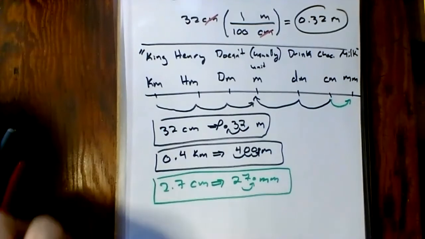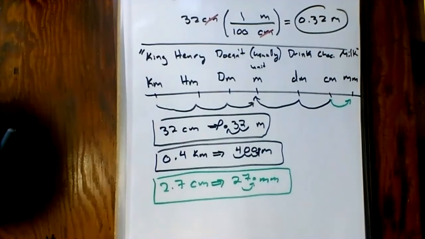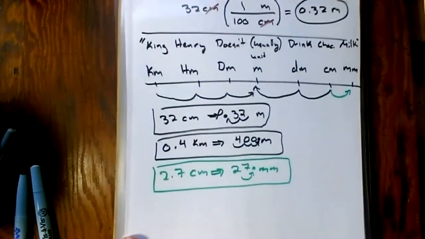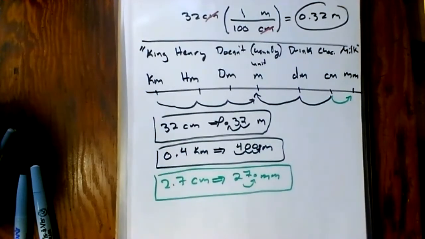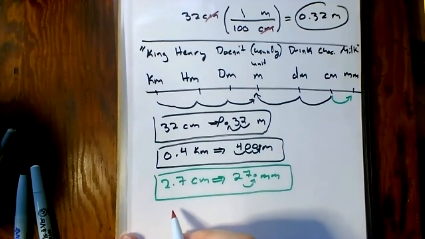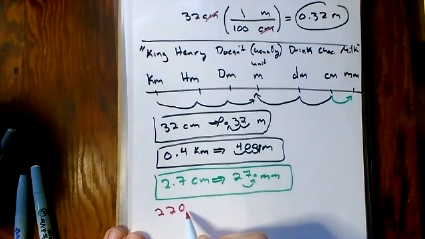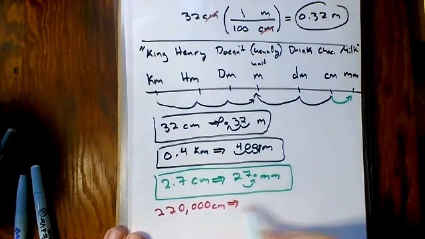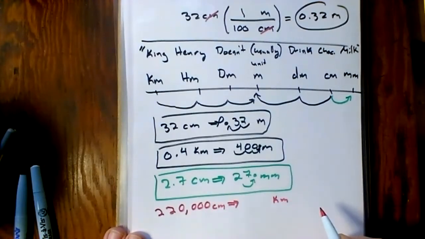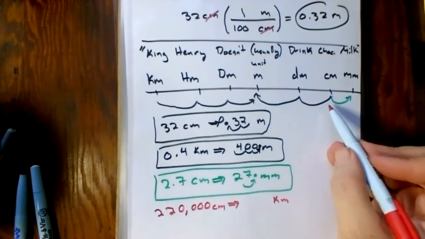Say I could do something even weirder. Oh, this would be horrible. I could say I've got 220,000 centimeters, and I want to convert that to kilometers. That's going to be centimeters to kilometers.